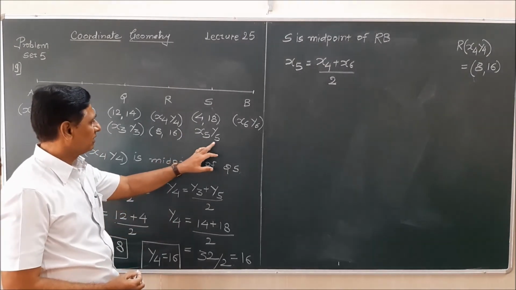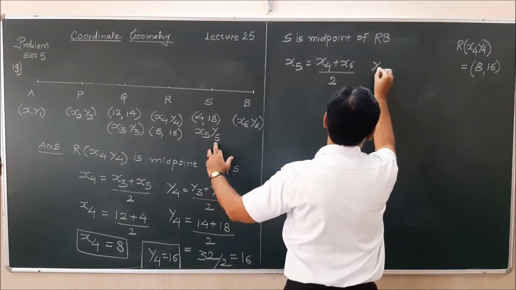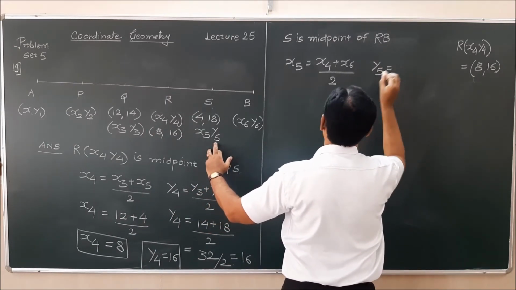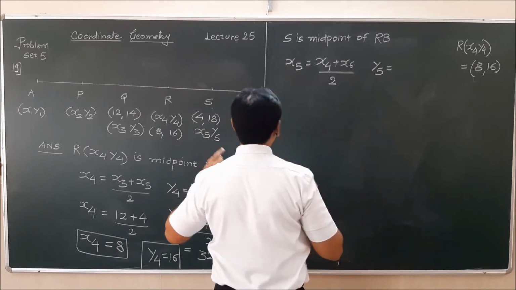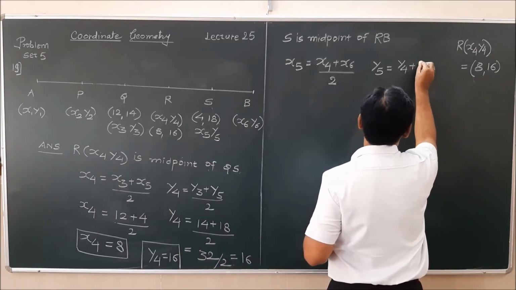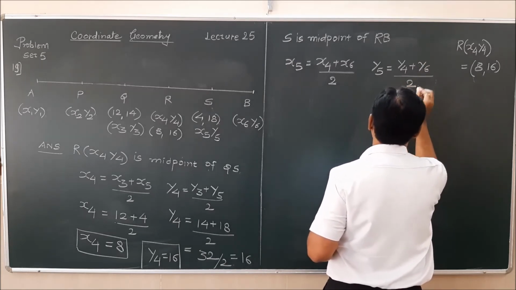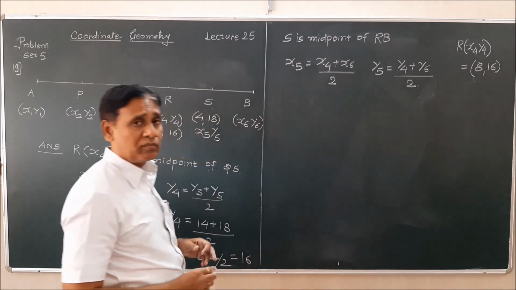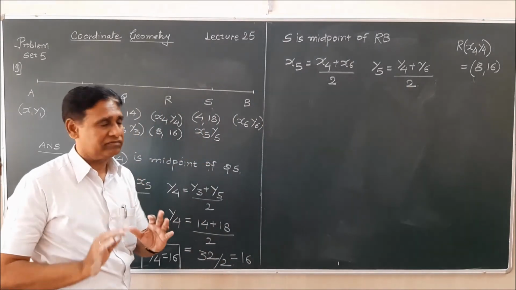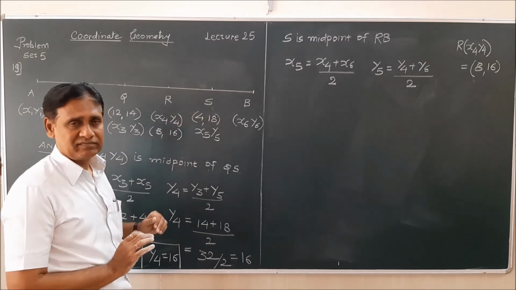In the same manner, y5 is equal to y4 plus y6 upon 2. But in this case, you have to be very careful. Why? Because coordinates of the midpoint are given.